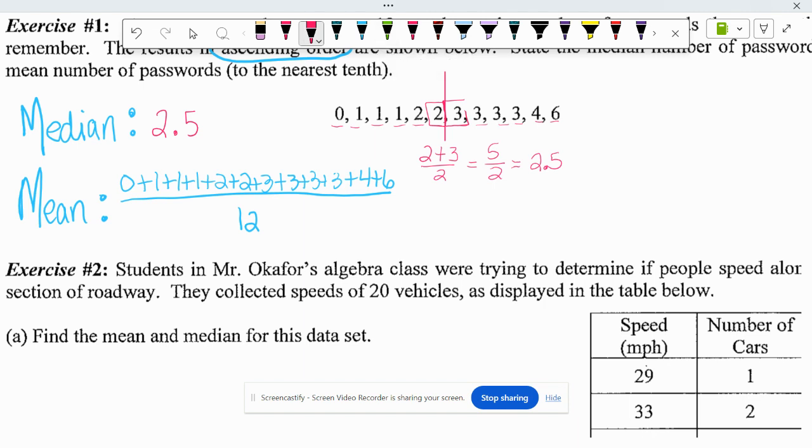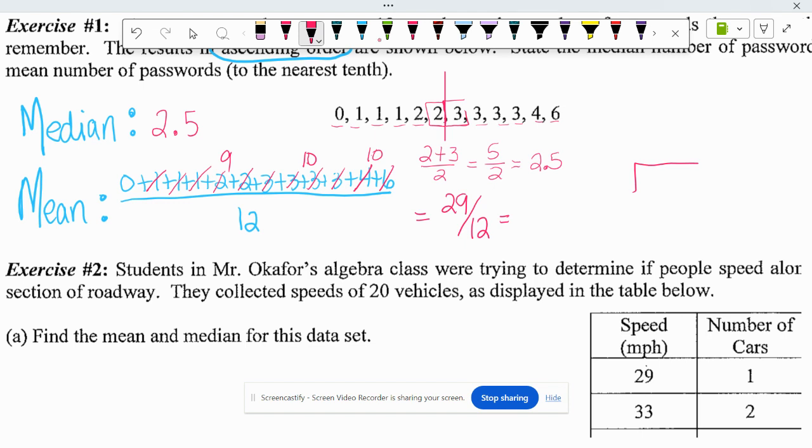I try to find groups of 10. 4 and 6 is 10. 3, 6, 9, and 1 is 10. 2 and 3 is 5. 6, 7, 8, 9. So 10 plus 10 plus 9 is 29 divided by 12.